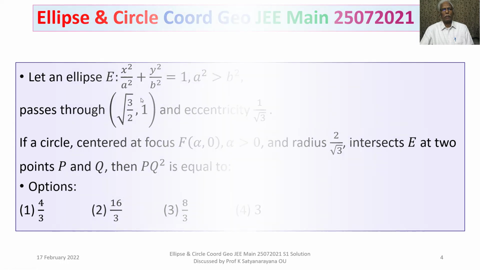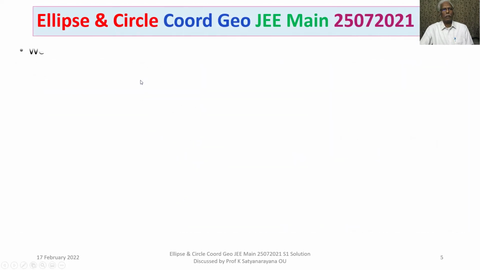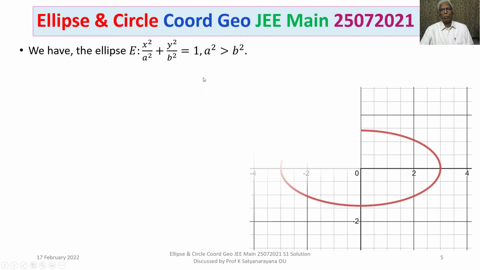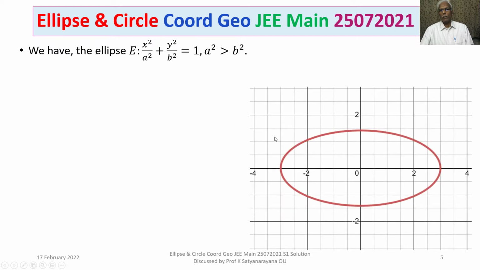Let's now discuss the solution of the given problem. We have the ellipse E whose equation is given by x square by a square plus y square by b square is equal to 1, where a square greater than b square.